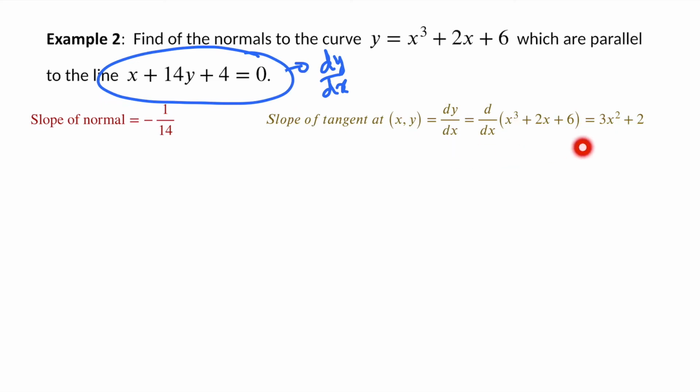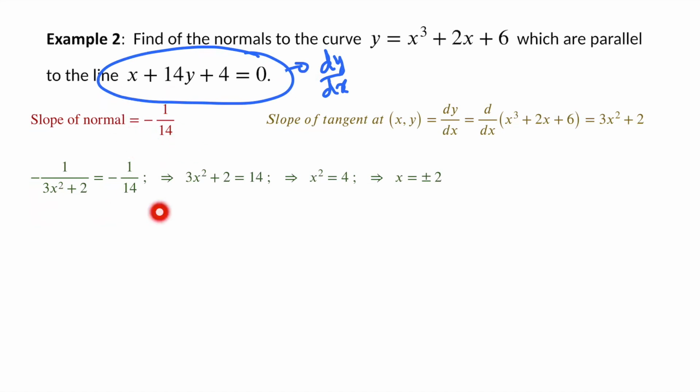So we calculate the expression for dy by dx. That's pretty straightforward again, and we know that the slope of the normal at a point x y would be minus 1 divided by the slope of the tangent. So we have the mathematical expression for that, which is minus 1 by 3x squared plus 2, and we equate that to the slope of the normal that we know already.